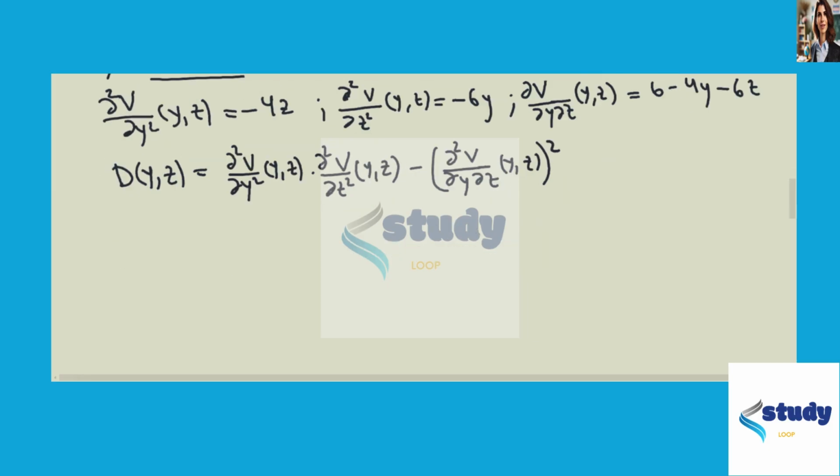And if this is positive, then we gotta see the sign of any of these two factors. If it's negative, we will have a saddle point. If it's zero, we don't have any conclusion to draw.